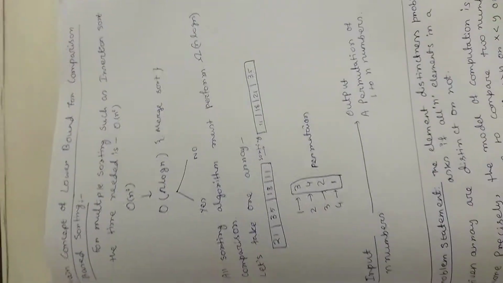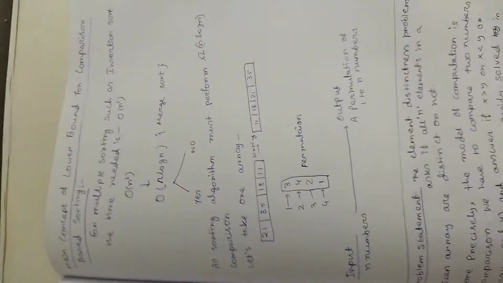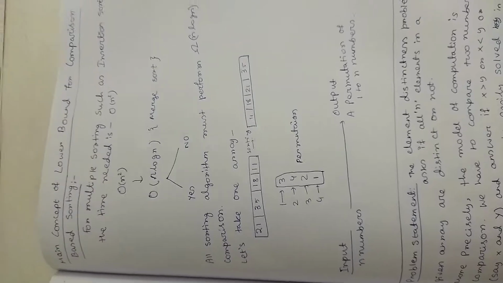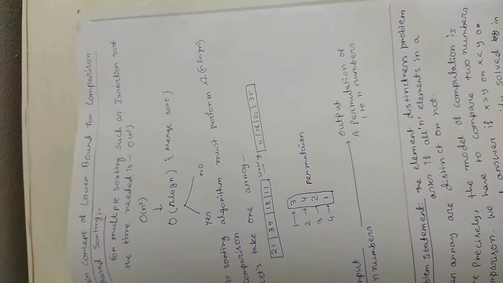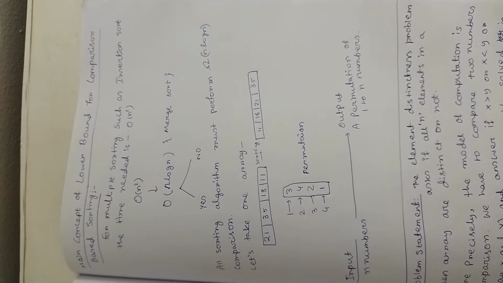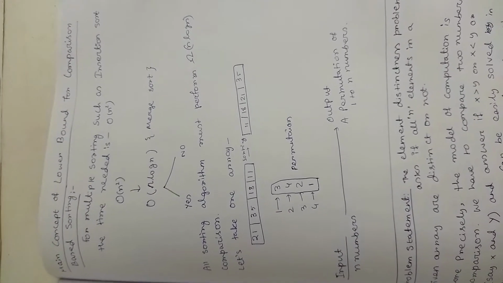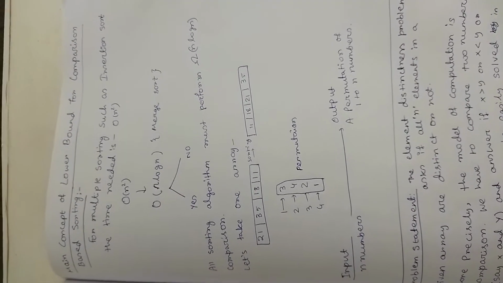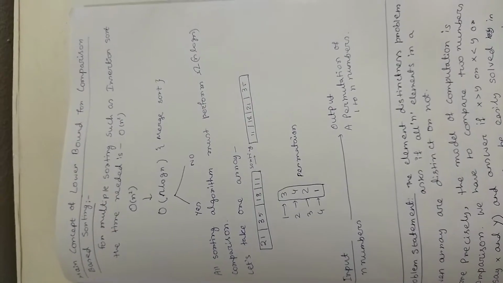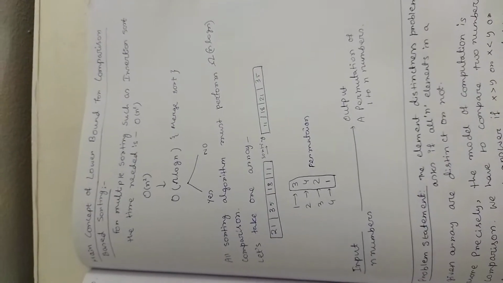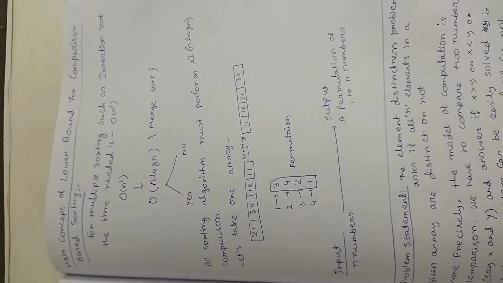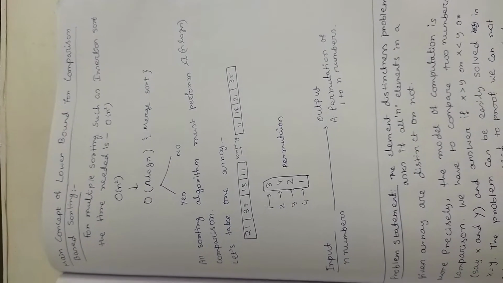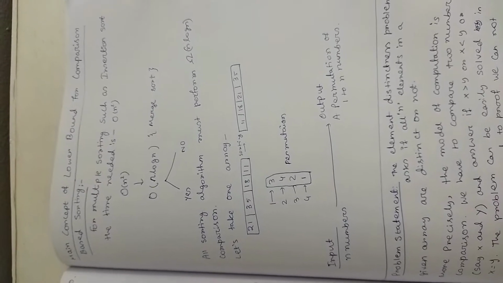Now let's see the main concept of the comparison based sorting lower bound technique. When we look at sorting algorithms, for insertion sort the running time is order of n square, but it's too much, right? So we can optimize it and get a better running time, order of n log n.